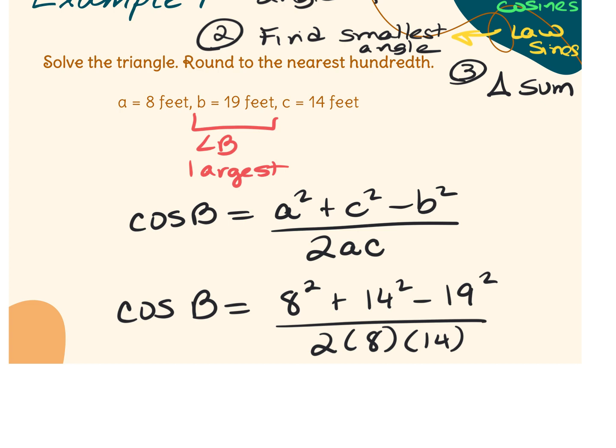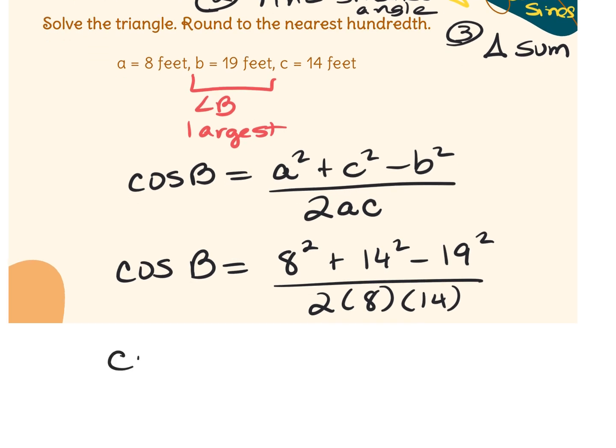Now, if you practice with your calculator, you could probably do this continuously. You may have to add some parentheses. This is why it's going to be important that you practice with your calculator. I'm going to go ahead and simplify it. I'm going to square the numbers and then add and subtract and then multiply. So here, cosine of B, I'm going to square the 8. I get 64.